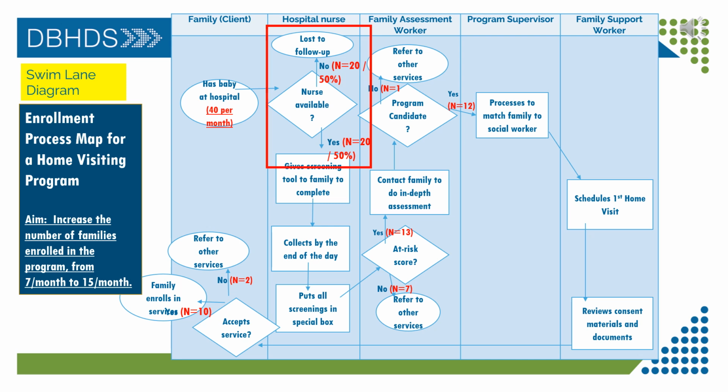But if a nurse is not available, that family is basically lost to follow up for this program or process. When they looked at how often this was happening, about half of the families were lost at this step in the process. So this was quickly identified as a possible improvement opportunity.